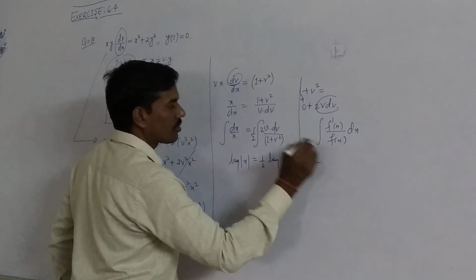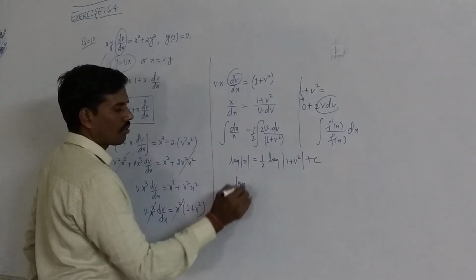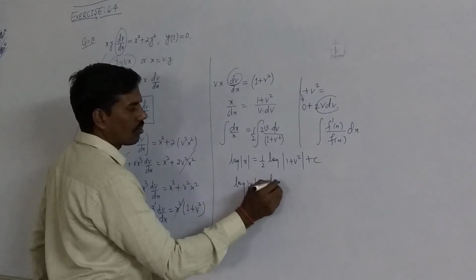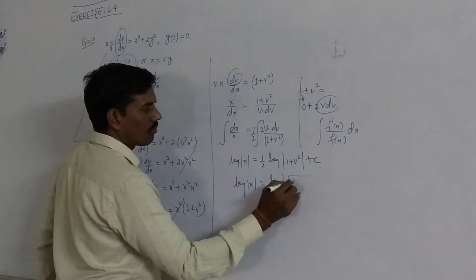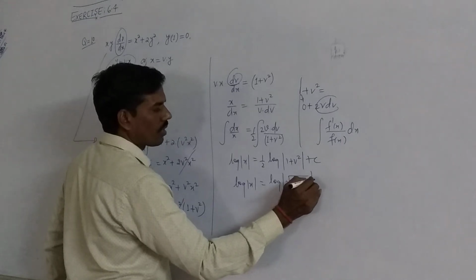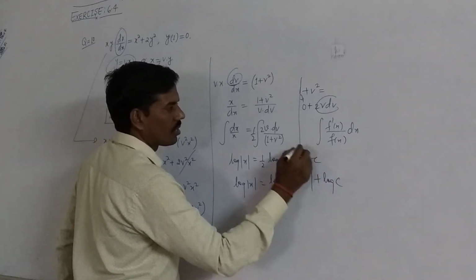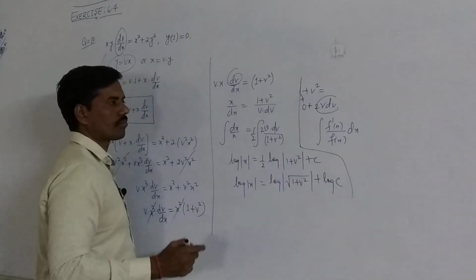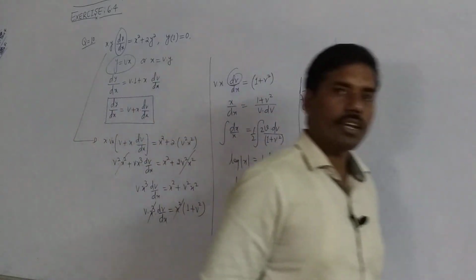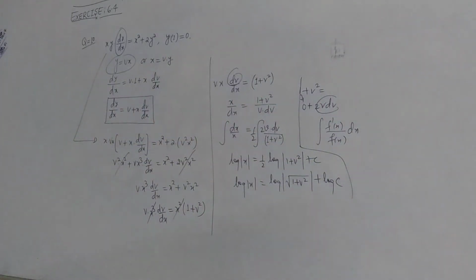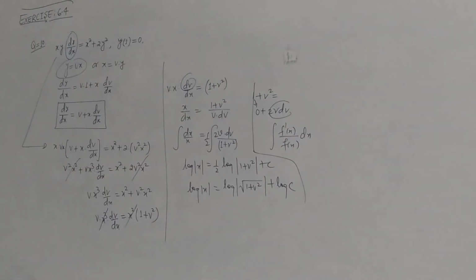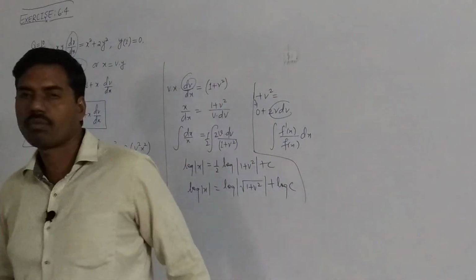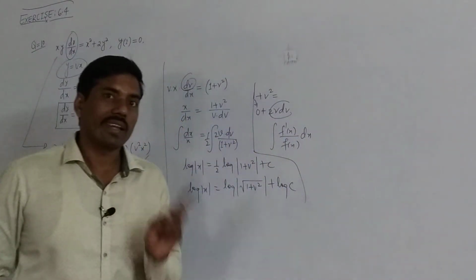So 1 by 2 log of 1 plus v square plus c, and log of mod of x is equal to log of under root of 1 plus v square plus log of c. Since n into log of m is equal to log of m to the power n, our n is 1 by 2, 1 by 2 is the index form and under root of 1 plus v square is the radicand form.